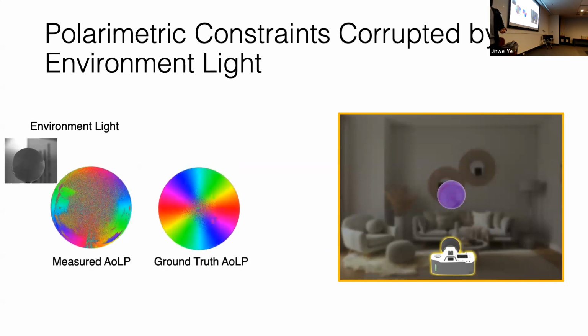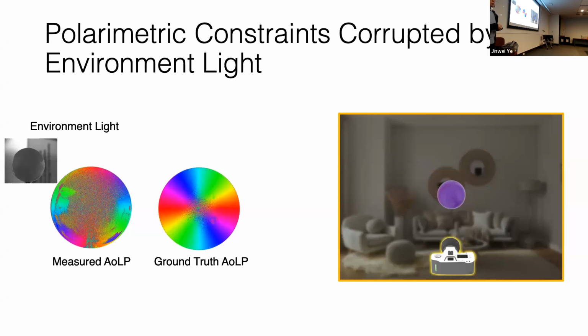This is an example: the angle of polarization measured in an uncontrolled environment, just under natural lighting, and you can see it's very noisy. Versus this is the ground truth AoLP, which we measured in the dark room, where it is very plain and gives us a very good constraint for normal estimation.